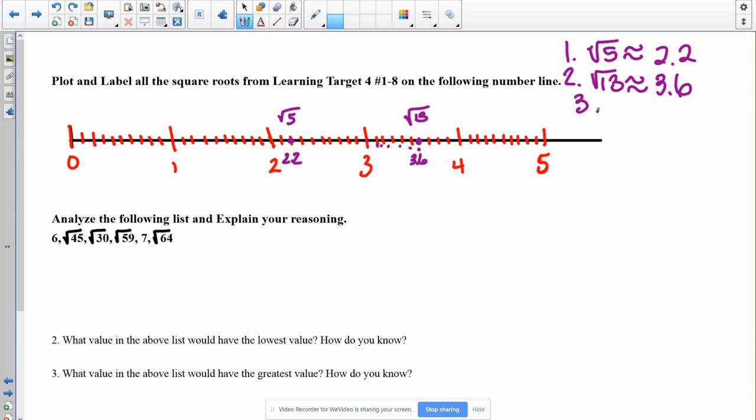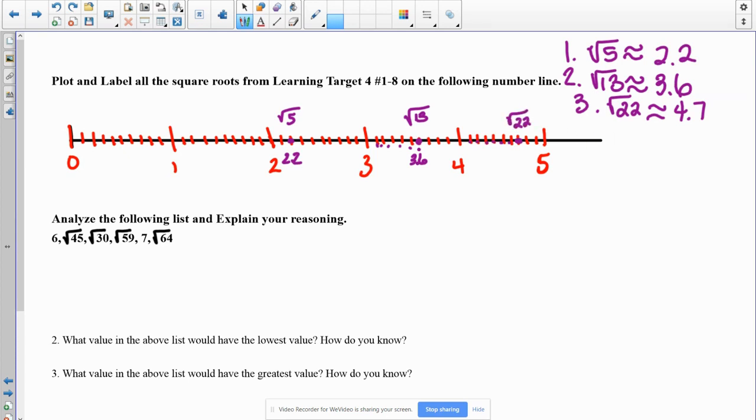Number 3 was the square root of 22 from our video notes, which we found was approximately 4.7. We go to our 4 and count up 7/10: 4.1, 2, 3, 4, 5, 6, and 7. And we put the square root of 22.